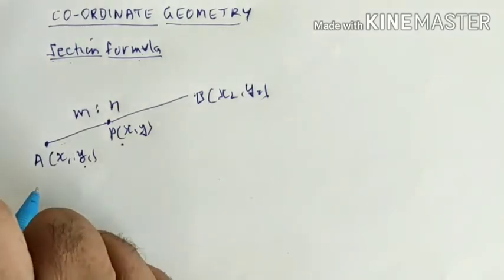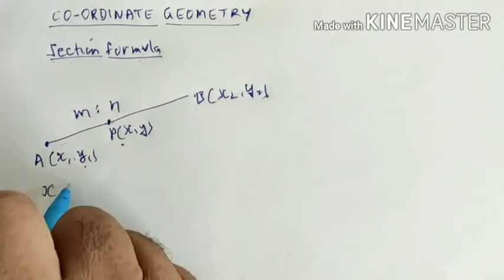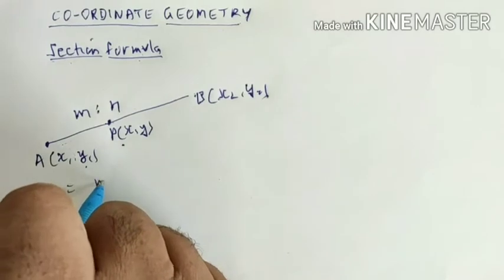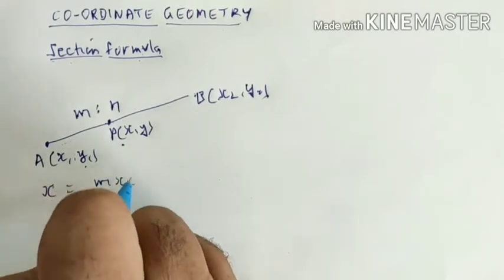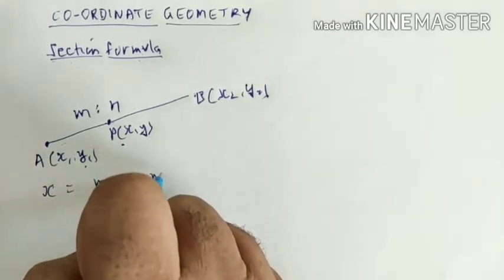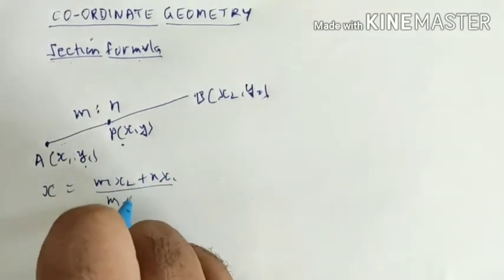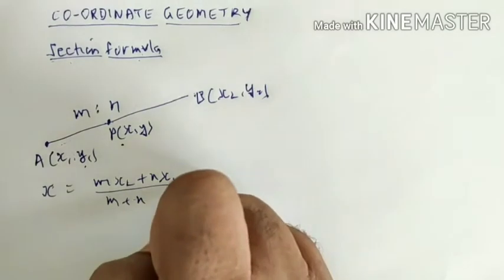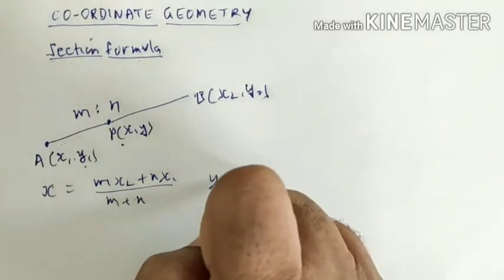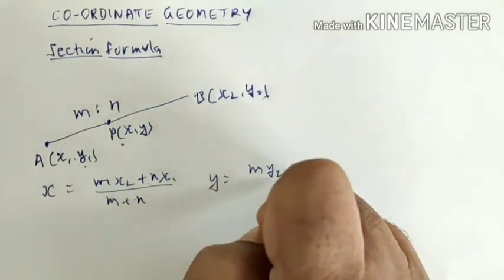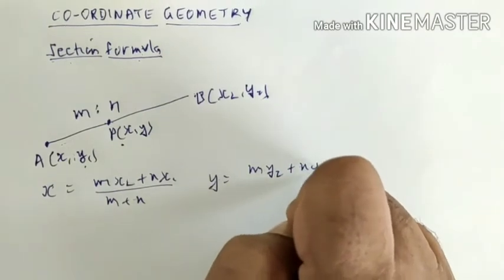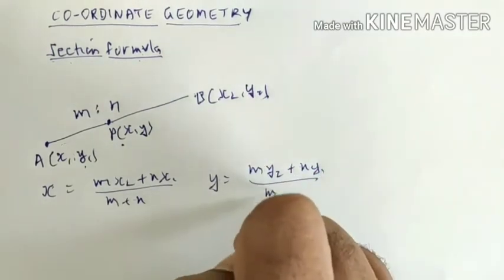So simple formula, we get x is equal to mx2 plus nx1 upon m plus n, and we get y is equal to my2 plus ny1 upon m plus n.